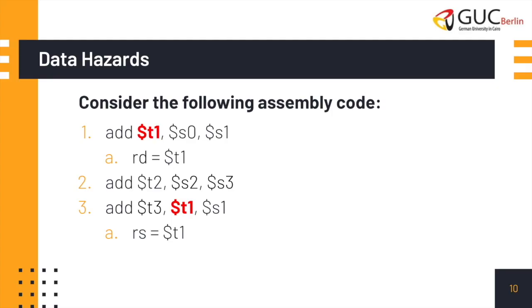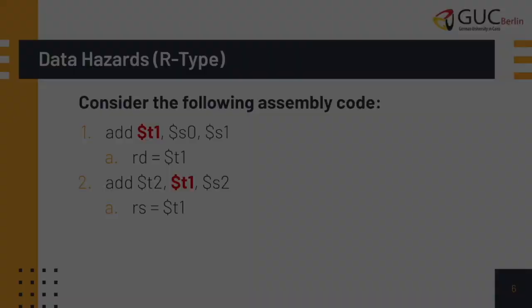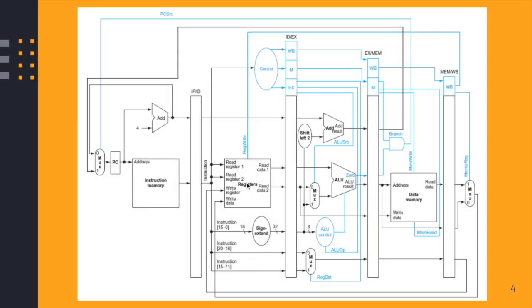So if we go back to the data path implementation, we can find out that at ID/EX, which contains instruction n plus 2, I am checking whether RS and RT are equal to the destination register RD of instruction n, which is residing in the MEM/WB register or not. Because as I told you, the pipeline registers store the data, operands and control signals of the instructions.